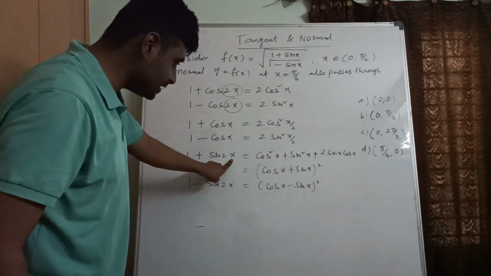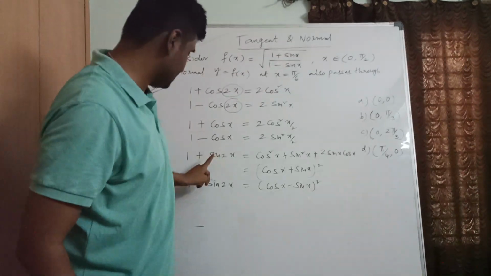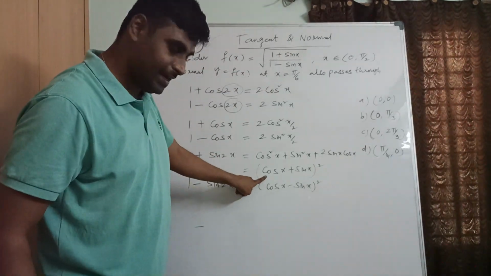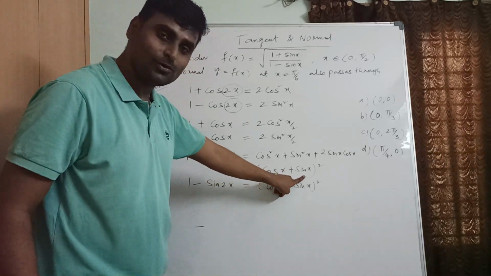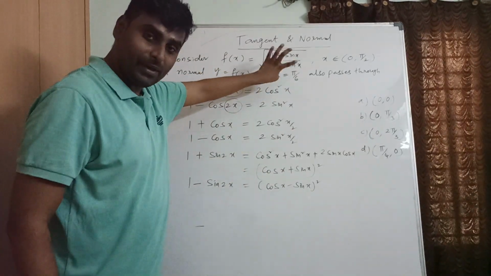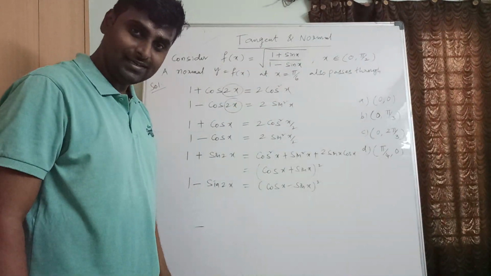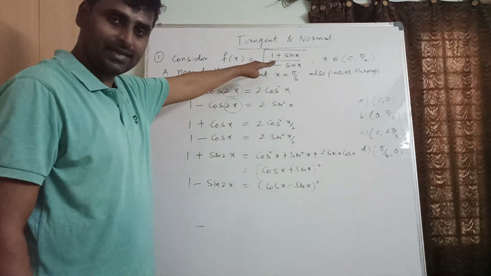Here, whenever we have x, we can write x by 2. See here, 1 plus sin x. What can I write? (Cos x by 2 plus sin x by 2) whole square we are going to write in the numerator. The denominator, 1 minus sin x, is (cos x by 2 minus sin x by 2) whole square. So clear? This is what we are going to apply there. Correct?